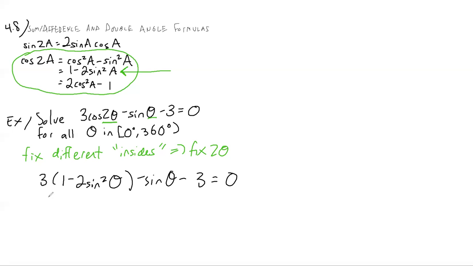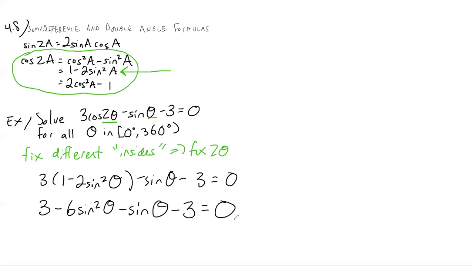And this should just now make a quadratic in sine. So I'm going to get 3 minus 6 sine squared theta minus sine theta minus 3 equals 0. And I think I've possibly made another careless mistake, but we can deal with this.